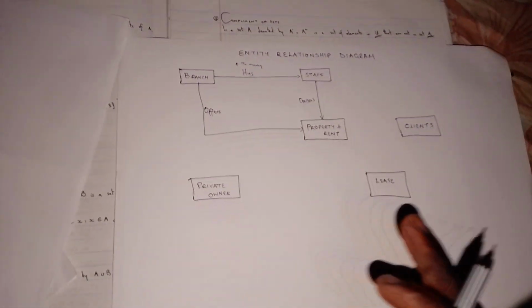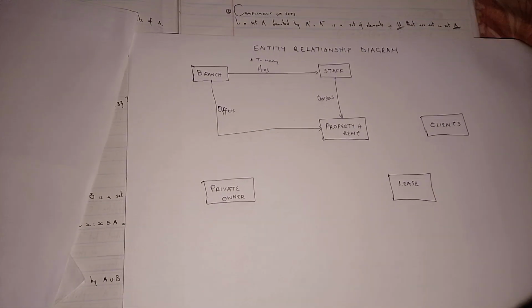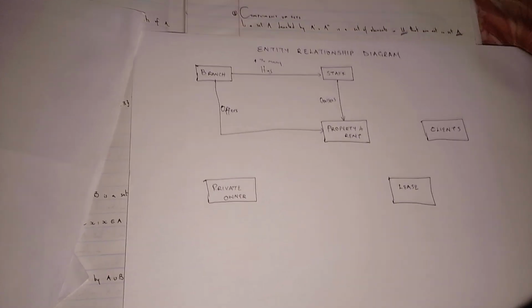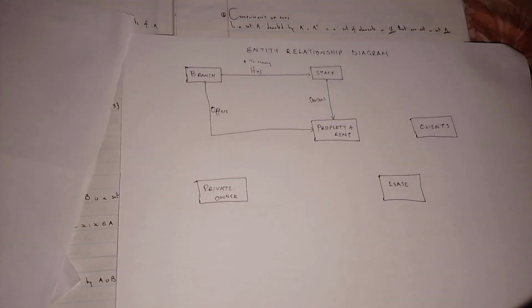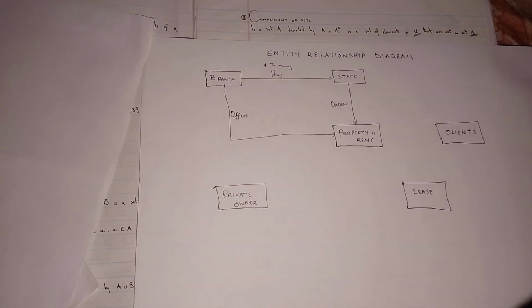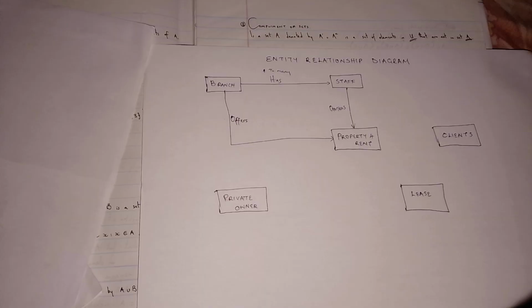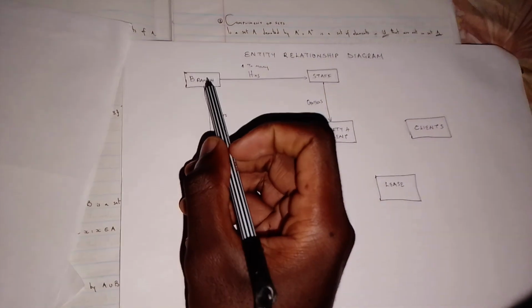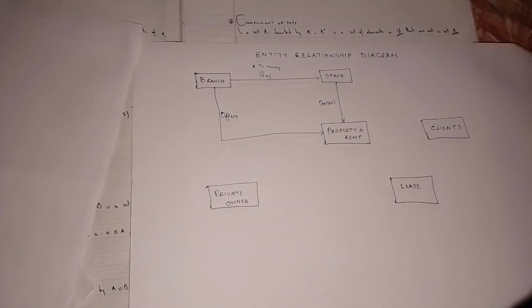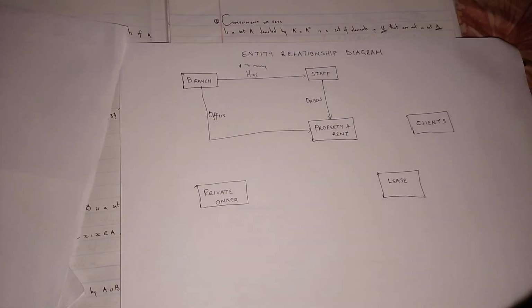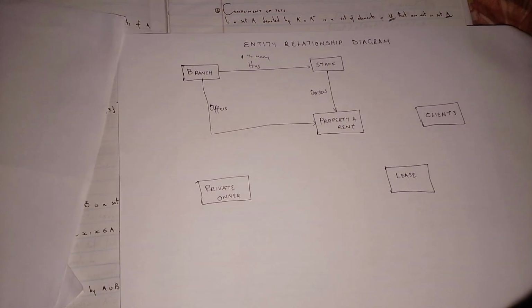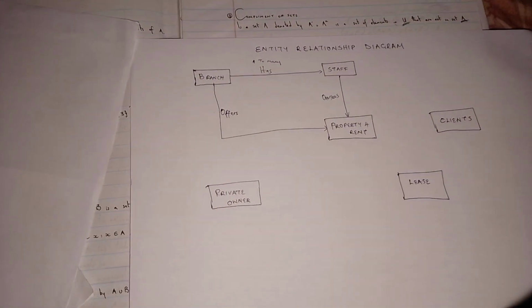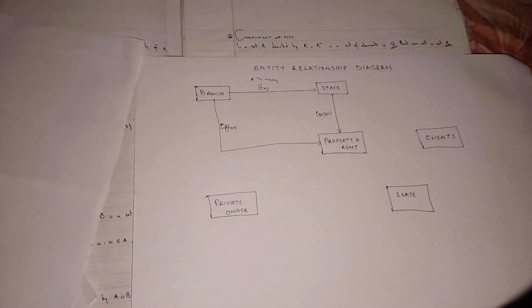Say that company has a branch in Ndola, a branch in Kitwe, and a branch in Lusaka. If John belongs to Lusaka branch, he will only work at Lusaka branch. That's what the one-to-many relationship means.